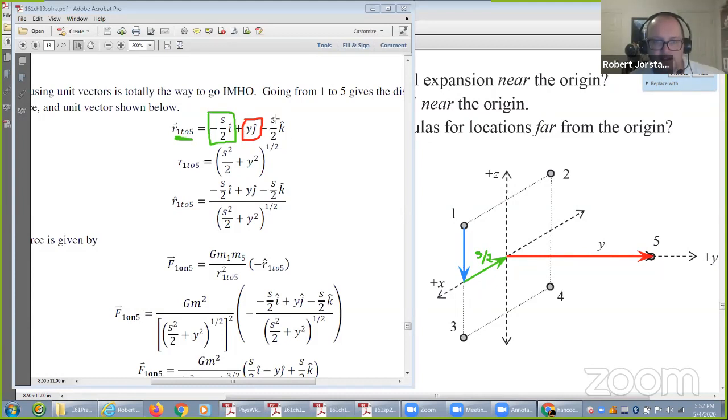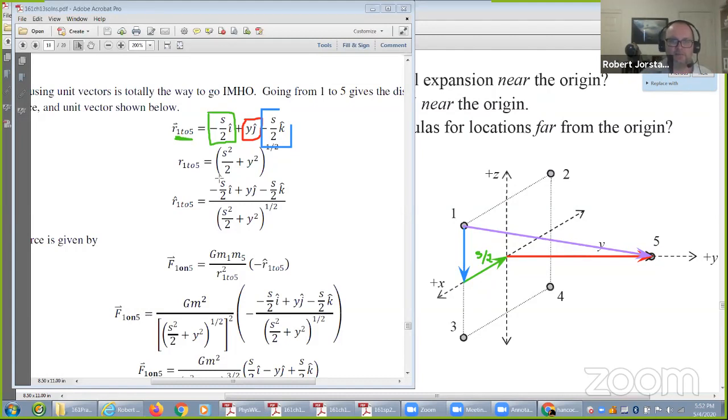That's going to be s over 2 negative k hat. And so if you look at this one, this purple vector from here to here is the sum of the blue, the green, and the red. So we get negative s over 2. And so if you can do that, we're good to go.